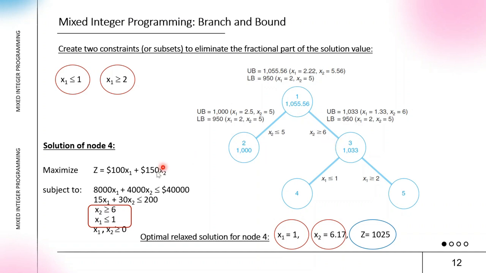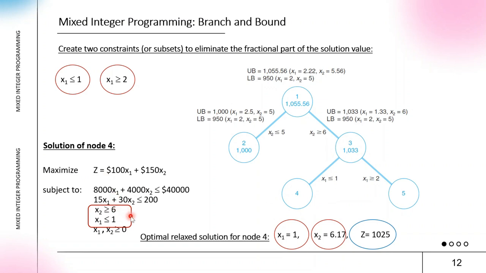On the left side of the slide, we have the relaxed LP form of the optimization problem at node 4. And as we can see, we have two new constraints in this problem that are related to node 3 and node 4. Solving the relaxed LP form again gives an optimal solution.